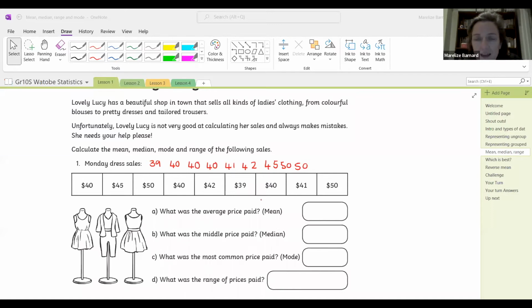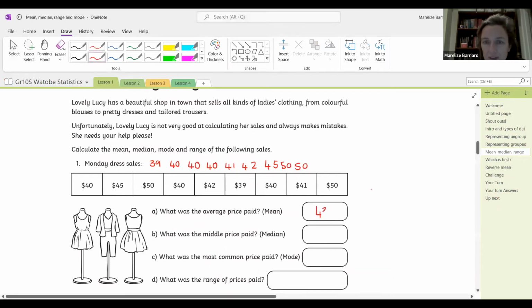Remember, we are adding everything up and then we are dividing by 9, I think it is. And I think it's 43, everyone. Yeah, good stuff if you got it.